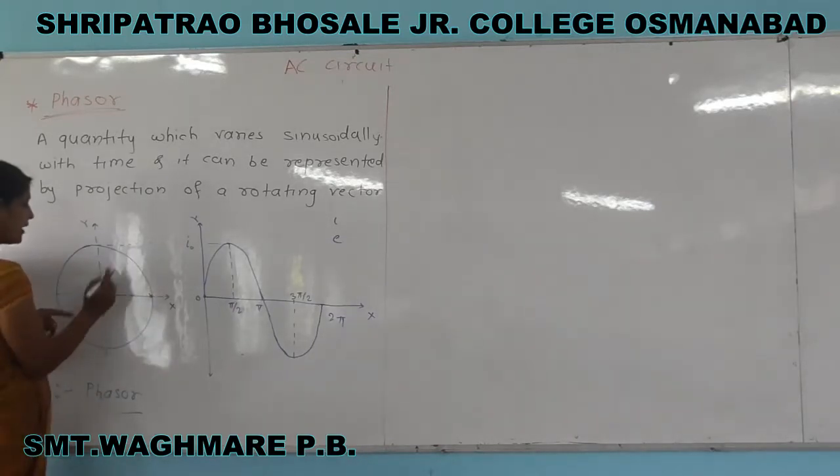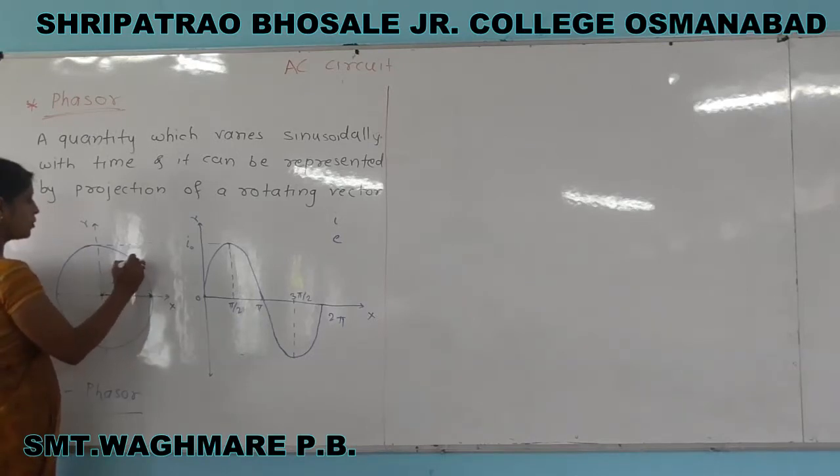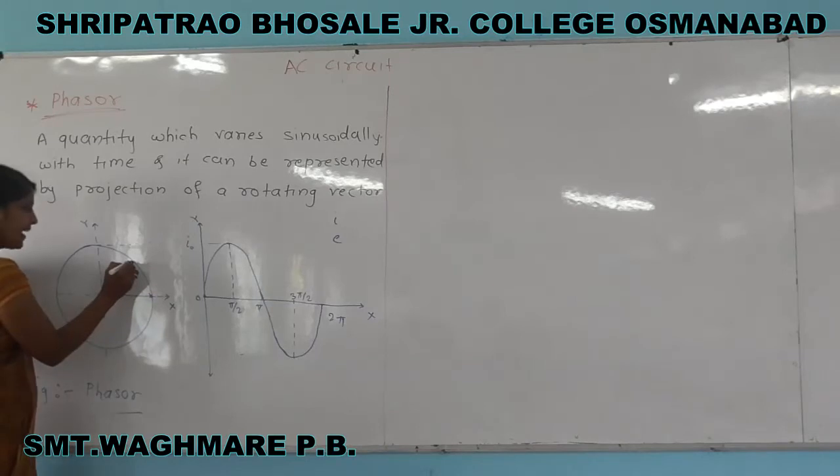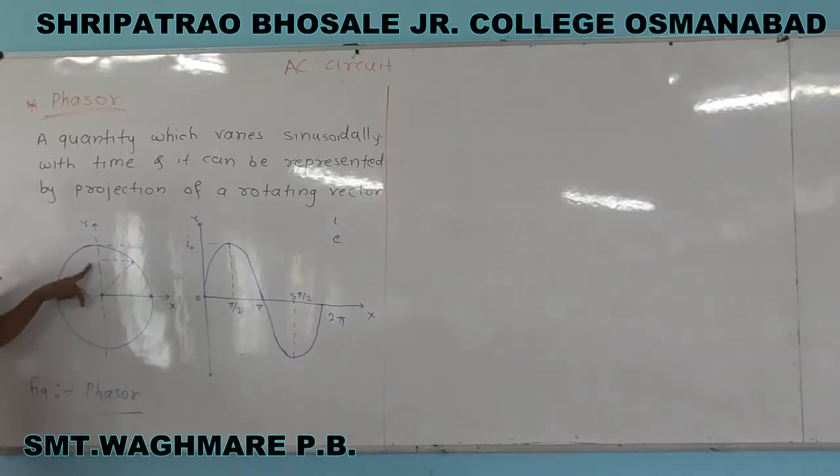When this vector rotates from this point to this point, then when we take a projection of this vector on the y-axis, this projection gives the instantaneous value of current.